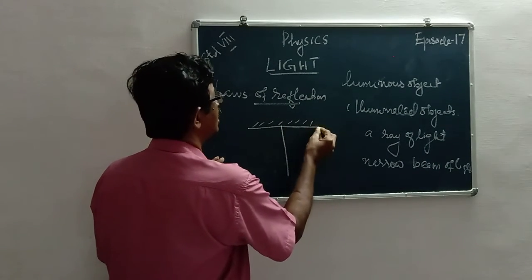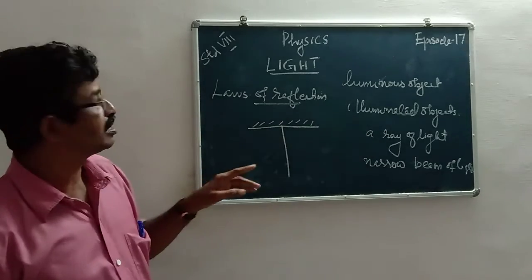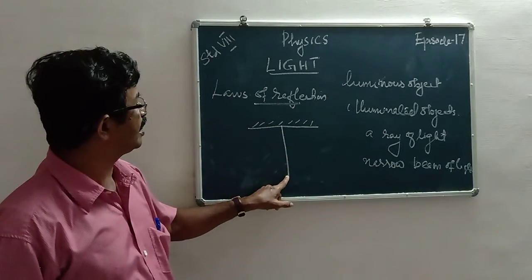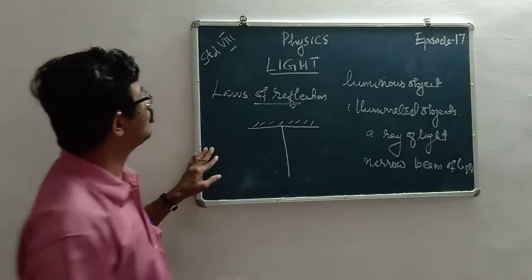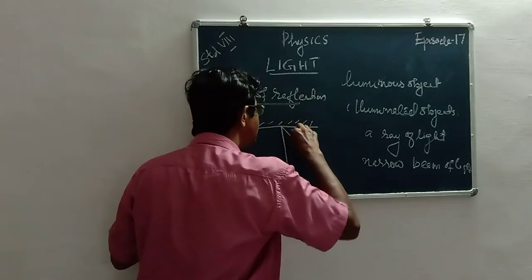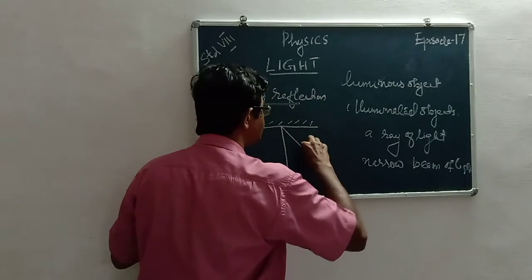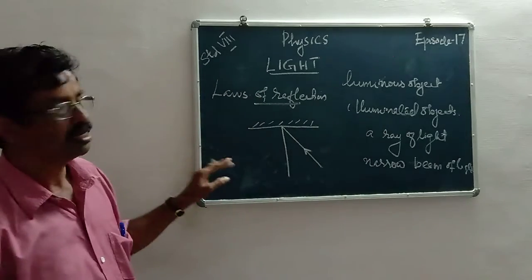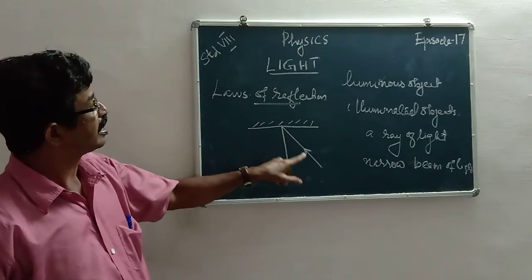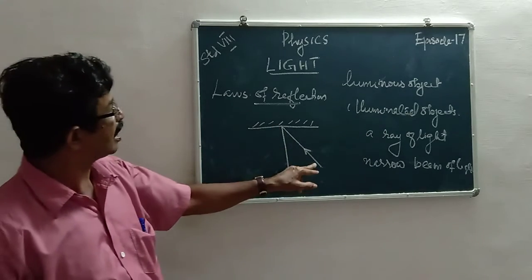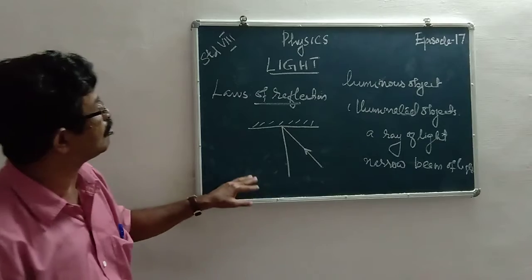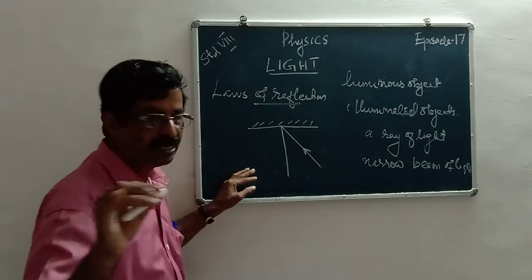That means the angle between this plain mirror and this line is 90 degrees. And allow the light to fall from here. This is the light which falls on the surface of the plain mirror.